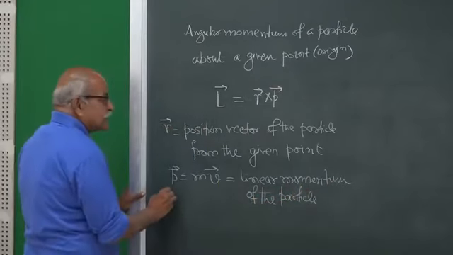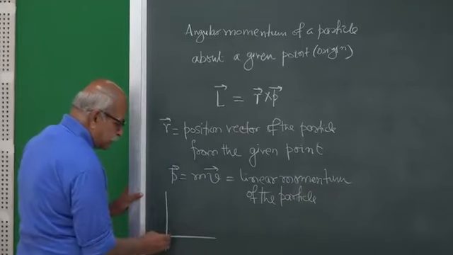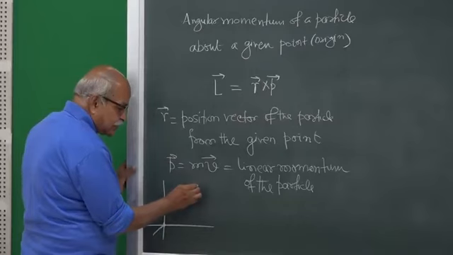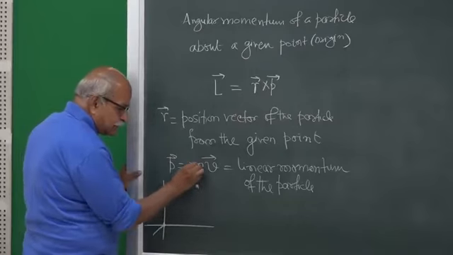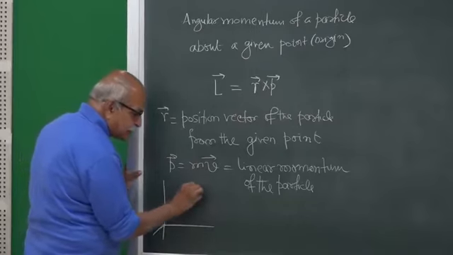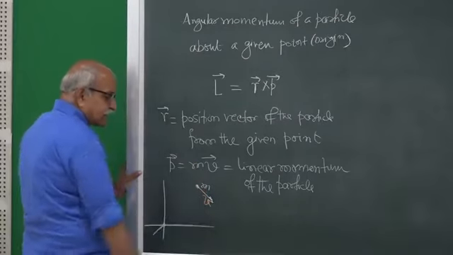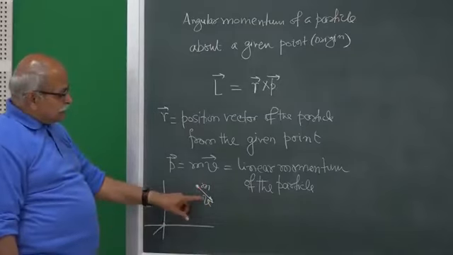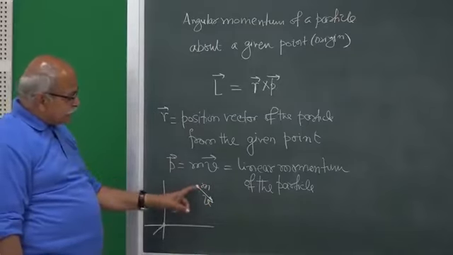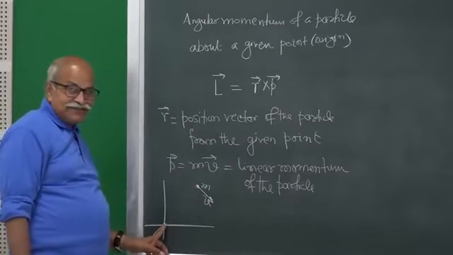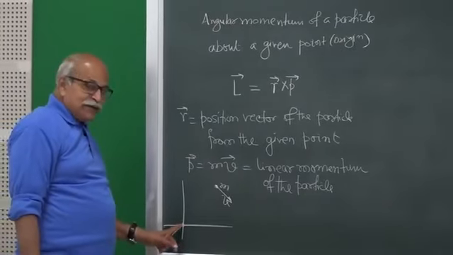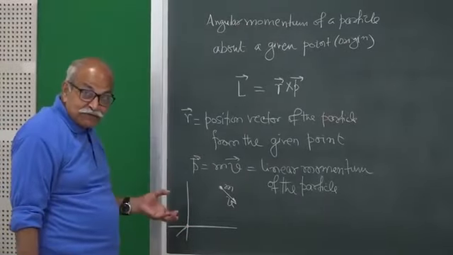So, if you have an origin, if this is that point, and then at a certain instant you have a particle of mass m moving in some direction, say this direction, with a speed v, the angular momentum of this particle at this instant about this point, whenever there is an angular momentum, about which point should be known.